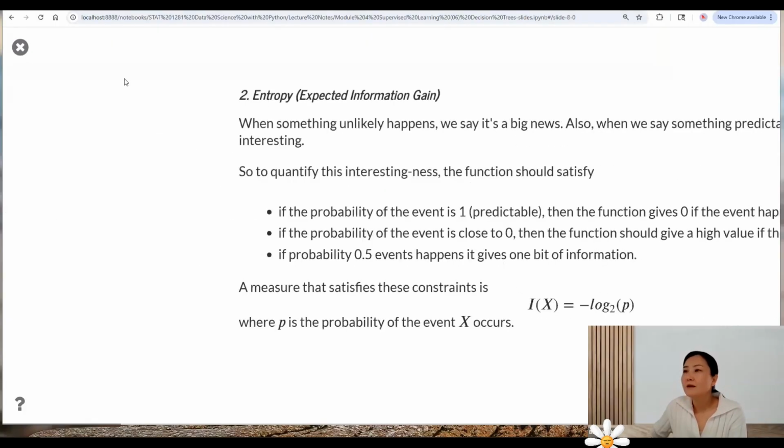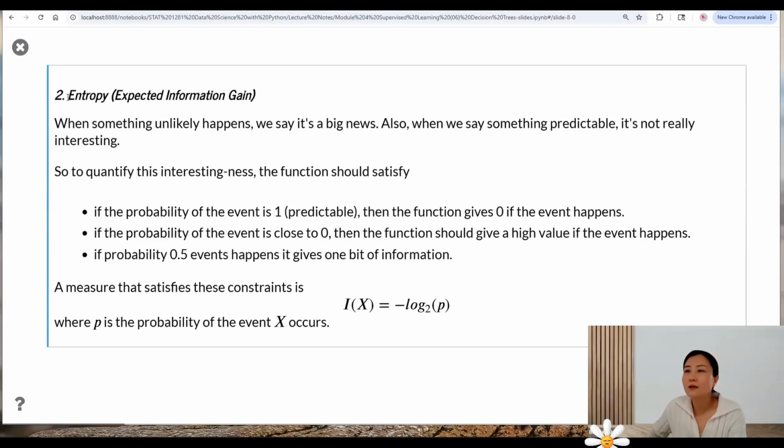All right. Now let's move on to the second measure, entropy. Entropy is also called the expected information gain of a random event. Before we talk about entropy, let's see how to measure information gain. Information gain is somehow like a measure of interestingness of some random event.